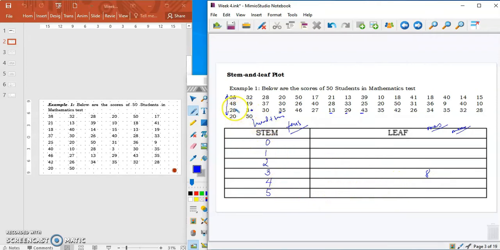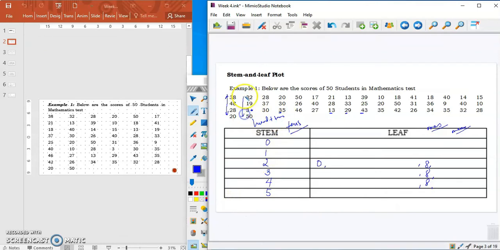Then I would want 4. I have here 48, so 8 would be here in 4. And then 28, it's all 8, 28 here. And then I have 20, so 20 is here. I'll put a comma before and after each item. So that's it. I'll go to the second row.